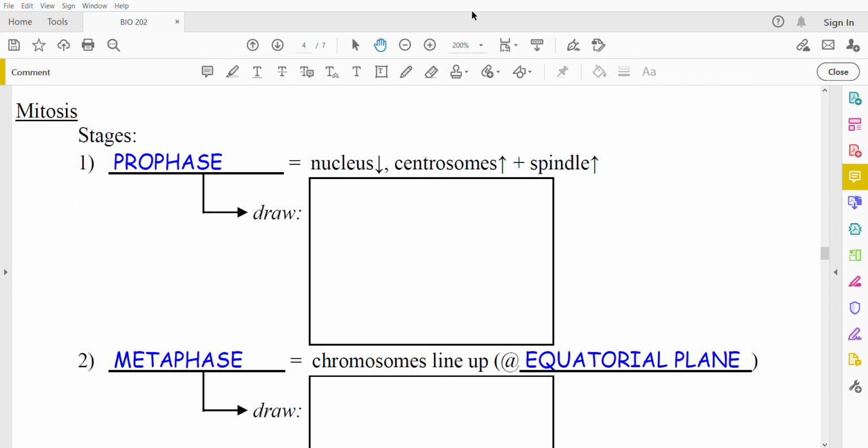And what we are going to do as part of this process, we're going to draw the cell division process at each stage that we're looking at for mitosis. So let's start with the prophase.